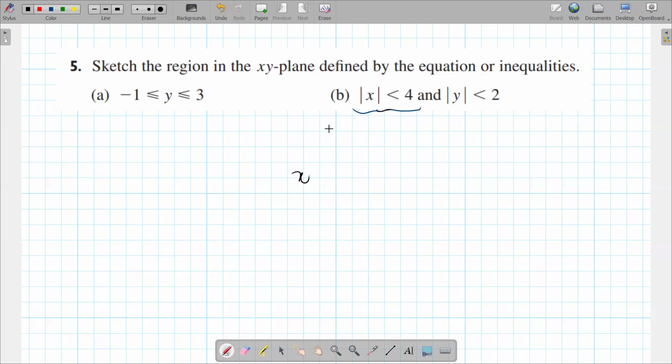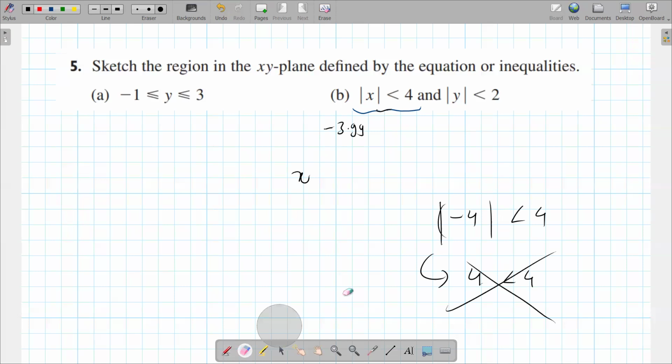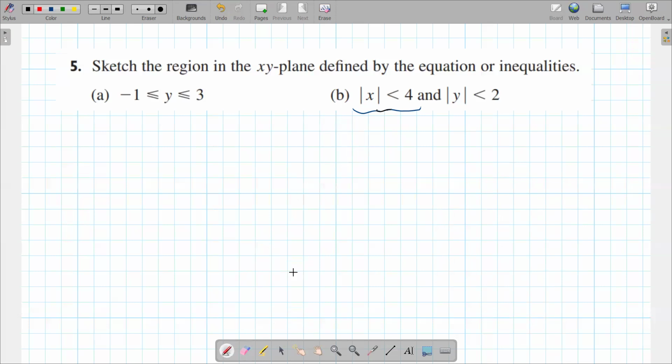x can be -3.99. Can it be exactly 4 or exactly -4? No, it cannot. Because -4 is not strictly less than 4. The absolute value is equal to 4, so this statement becomes incorrect. So x cannot be exactly 4 or -4, but it can be anything in between.